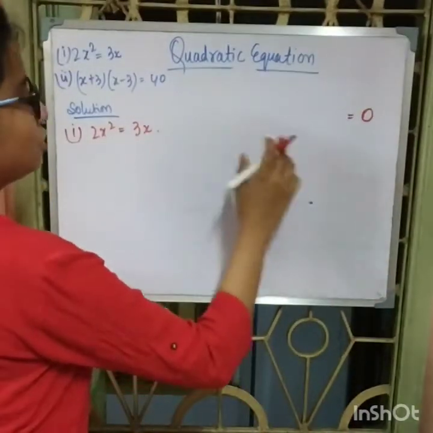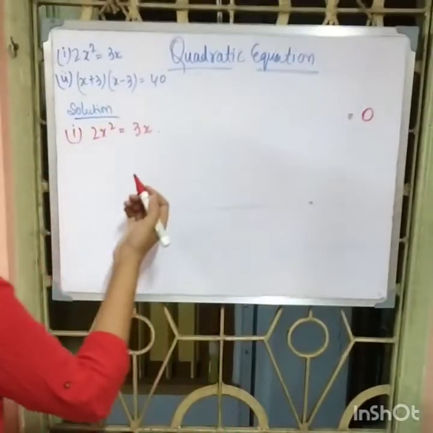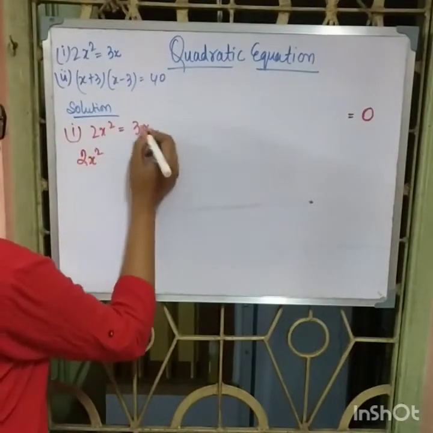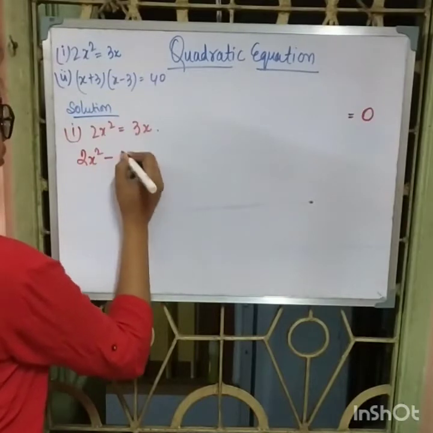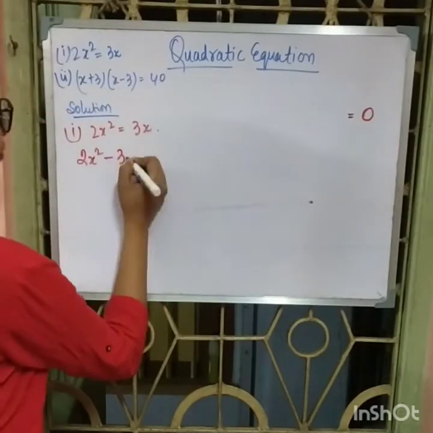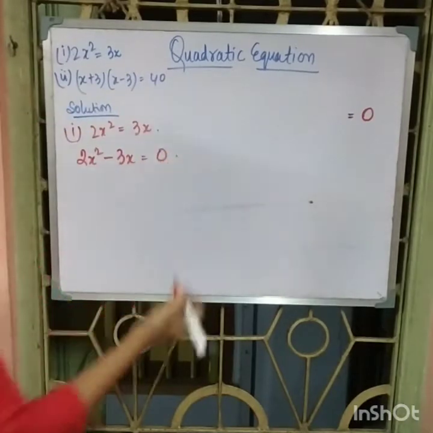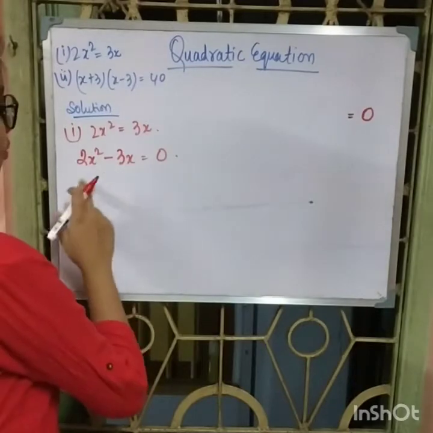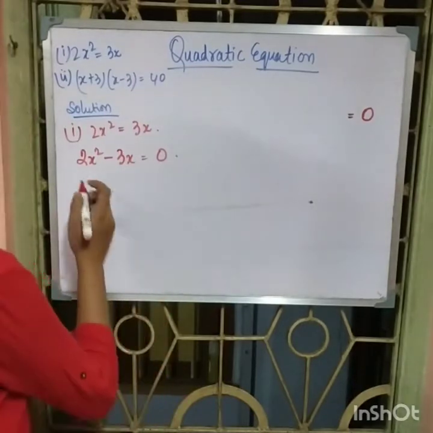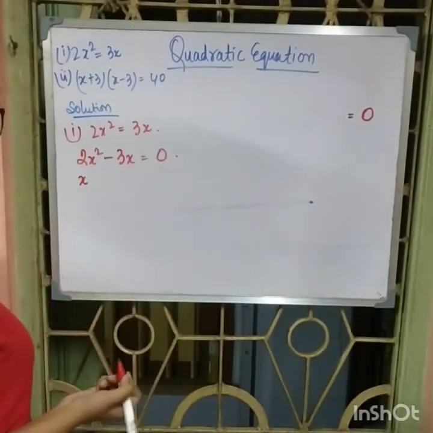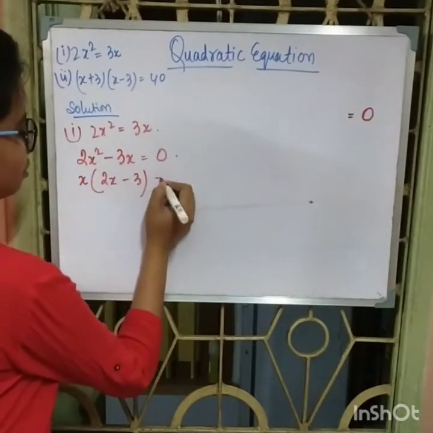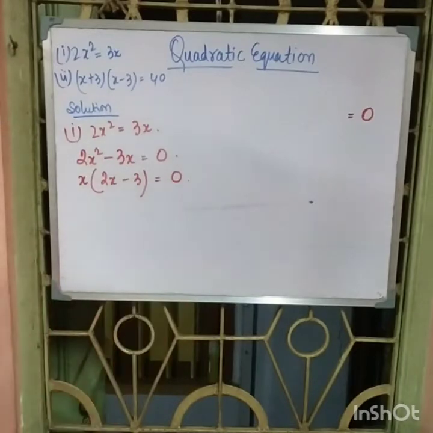So to get a 0 on the right side, what you can do is take this 3x to the left side. Here it is plus, so it will become minus, is equal to 0. Right? Now what we can get common from these two terms is x. Remaining will be 2x minus 3 is equal to 0. Okay?